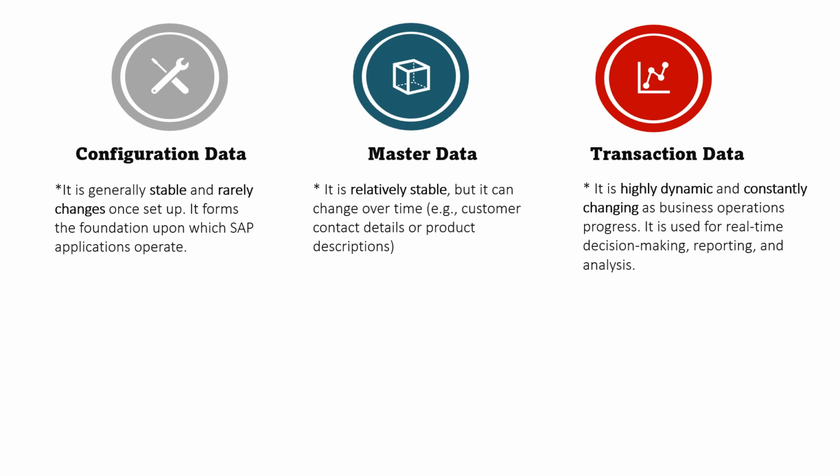Therefore, while more dynamic than configuration data, master data remains relatively stable. This is in contrast to transaction data, which is highly dynamic. Transactions occur almost every second or minute or hour, resulting in hundreds, thousands, and sometimes even millions of data points every day in the system.